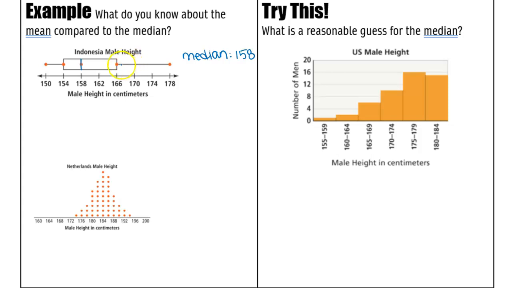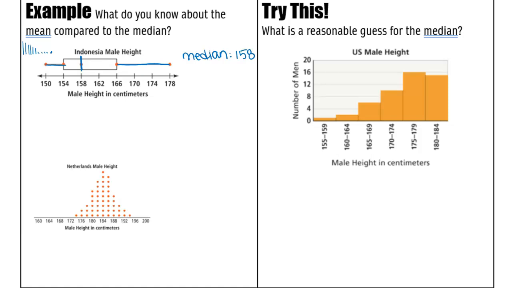So I'm going to look here and I'm going to notice that this whisker is a little bit longer than that whisker. I also notice that this median is a little bit closer to the left-hand side. So what I'm picturing here is that I have more data on the left and less data on the right. Oh my goodness, directions are hard.